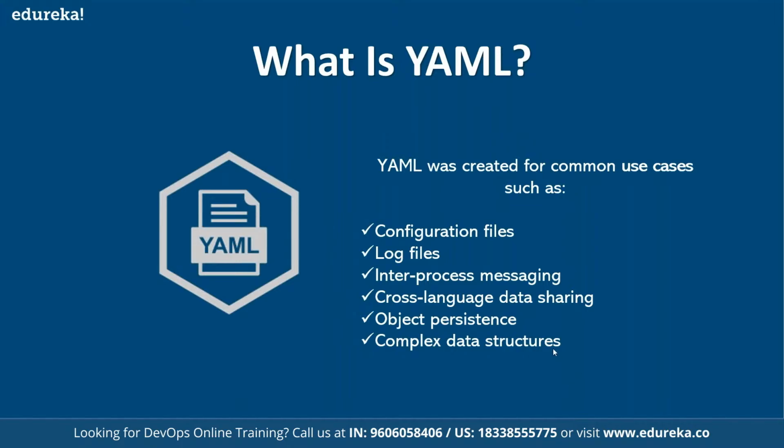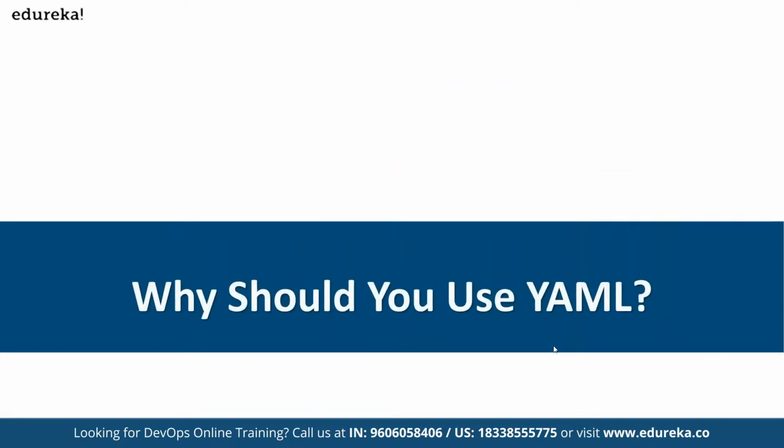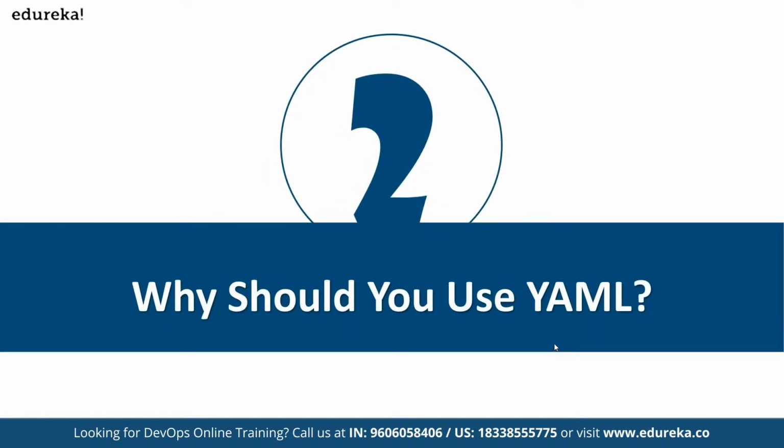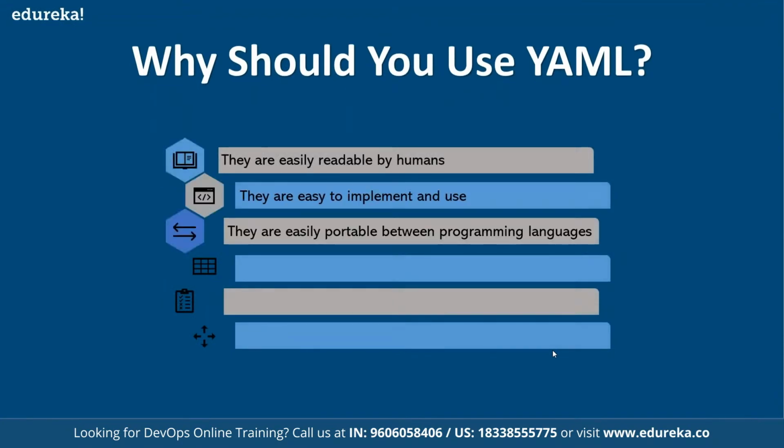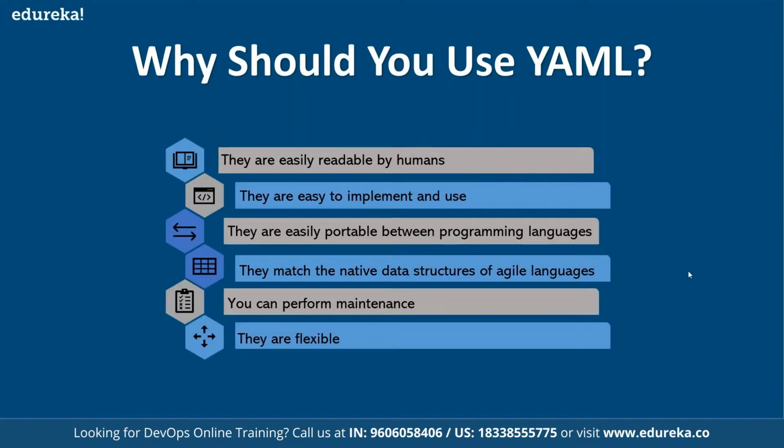Now, the question is, why should you use YAML? There are some advantages to using YAML files, guys. First and foremost, it is easily readable by humans. The reason is that the YAML files we are going to write are expressive and extensible. As a result, they're easily readable by humans. And you'll be seeing very shortly how to write this YAML file.